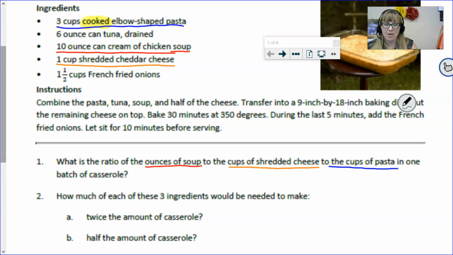As I'm setting up this ratio, again, we're going to have to set it up the old-fashioned way, using those colons. So ounces of soup, we have 10 ounces of soup to 1 cup of shredded cheese, so to 1 cup, to 3 cups of cooked pasta, so to 3 cups. So the ratio is 10 ounces to 1 cup to 3 cups.